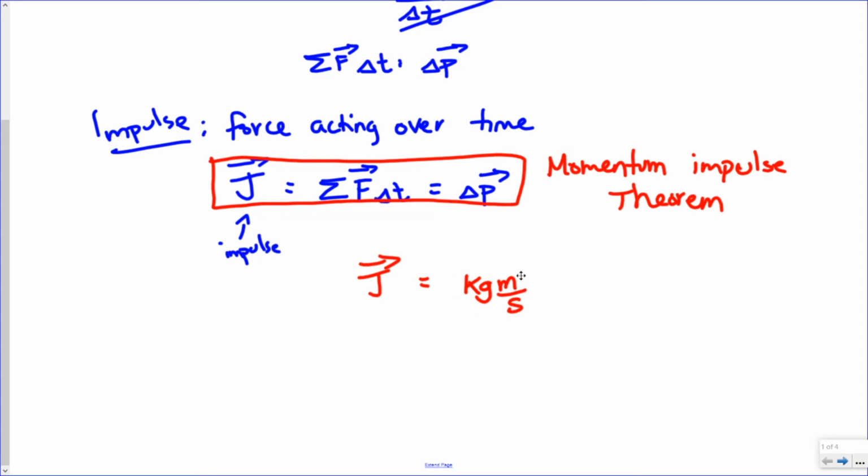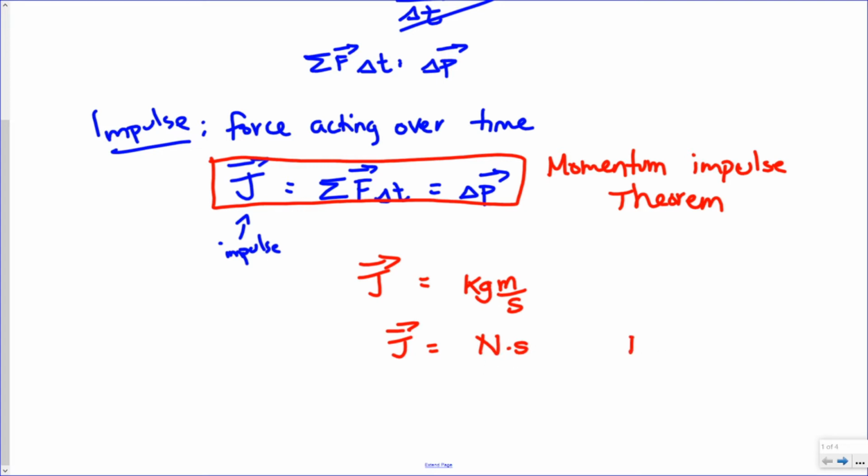However, even though this is correct, we usually use a different unit for impulse, which relates back to what we're actually talking about: force acting over time. Force is Newtons and time is seconds. So the unit for impulse is usually Newton seconds. And these two are equivalent.